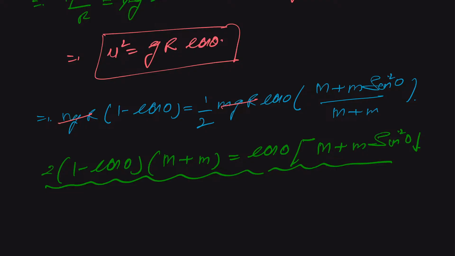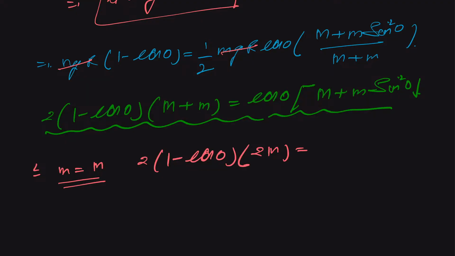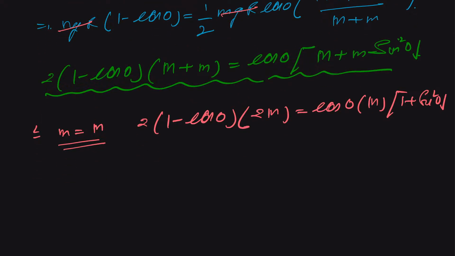And then we have two special cases. One states that when small m is equal to capital M. So if we substitute it, we get 2(1 minus cos of theta), and this becomes twice m. And on the right side we get cos of theta, and m we can take as common, so this becomes (1 plus sin square theta), and m and m cancel out.